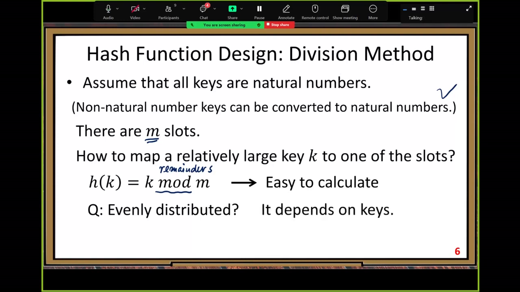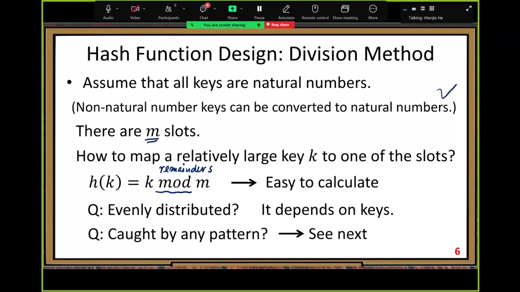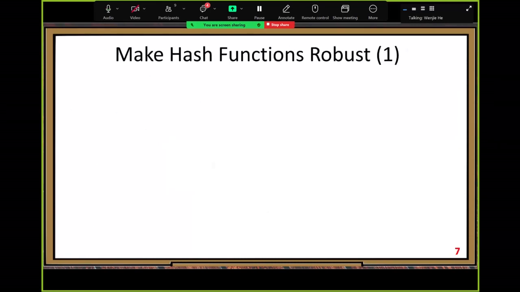It depends on keys. If your keys have certain pattern, then its performance can be very poor. So let me give you a simple example.